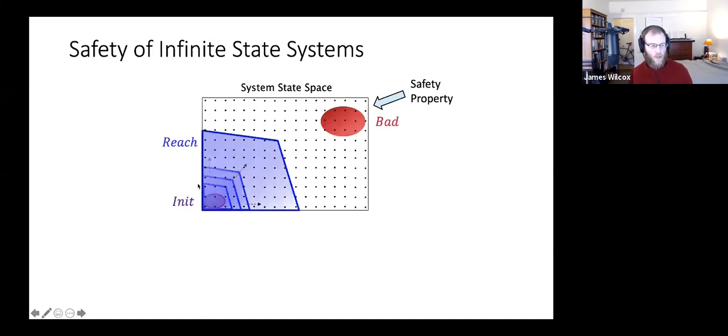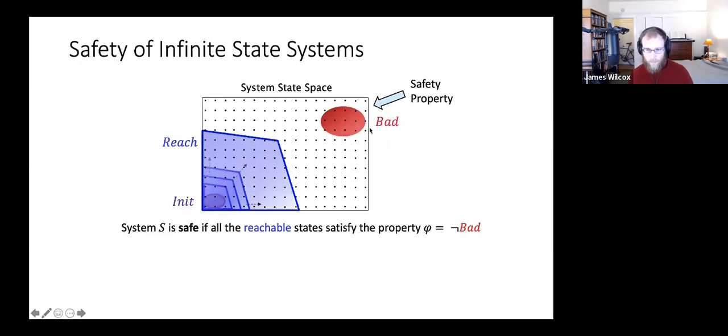And there's some subspace of the whole state space that consists of all the reachable states. These are the states that are reachable in any finite number of steps. What we're trying to show is that this largest blue region is separate from the red circle. So we're going to call a system safe if all the reachable states satisfy the property that they are not in the red region.